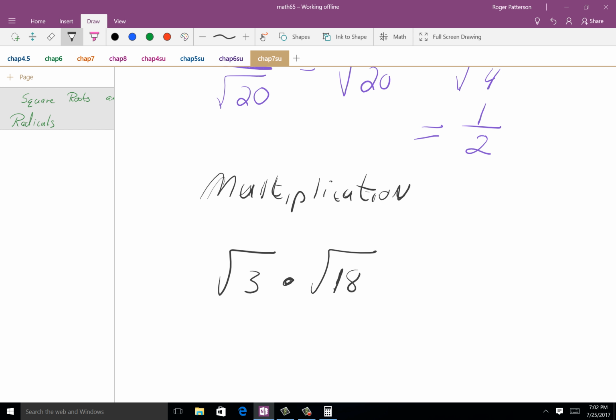If we want to multiply these two square roots, we just multiply the numbers that are on the inside. So 3 and 18, that's going to be 54. But now I have to simplify that. Whenever we multiply, all our answers have to be in simplified terms. So now we have to simplify this.